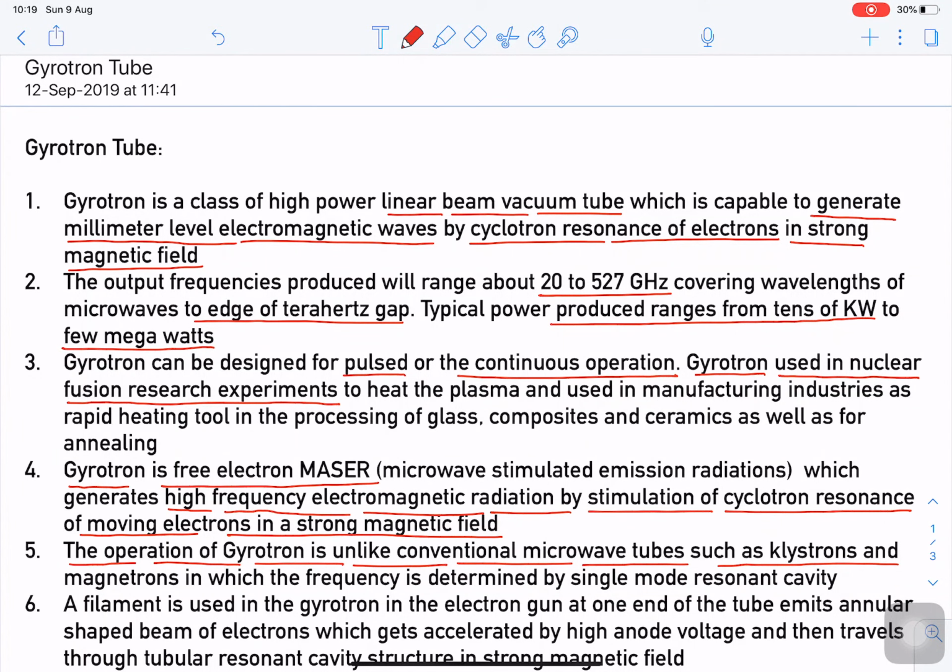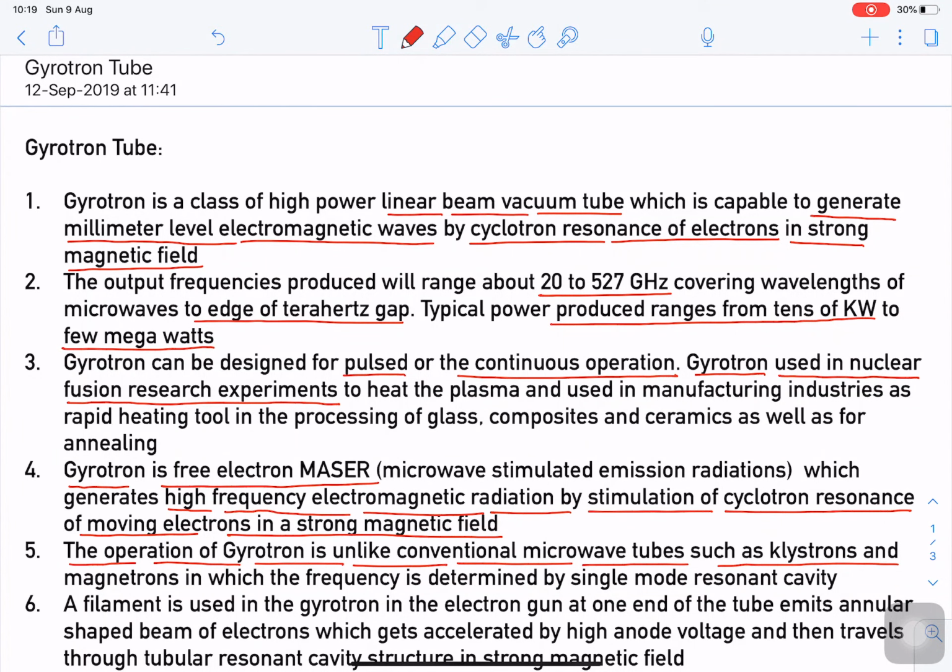This gyrotron tube makes use of the cyclotron effect of electrons using a strong magnetic field in the presence of an electron beam.